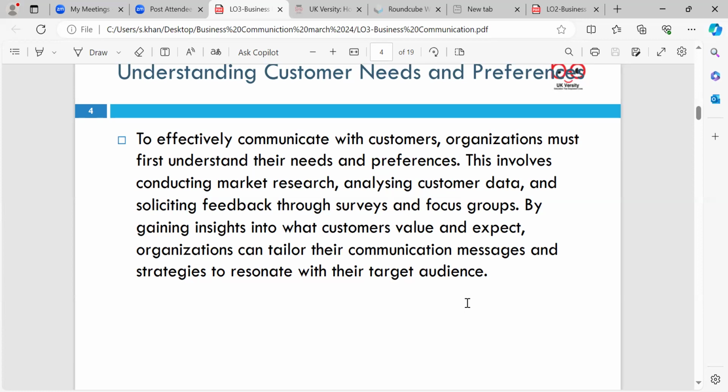So whether they like the product or not, whether they enjoyed using the product, or whether they didn't like the product. So customer data is really important, and soliciting feedback through surveys and focus groups, by gaining insight into what customers value and expect, organizations can tailor their communication messages and strategy to resonate with their target audience.